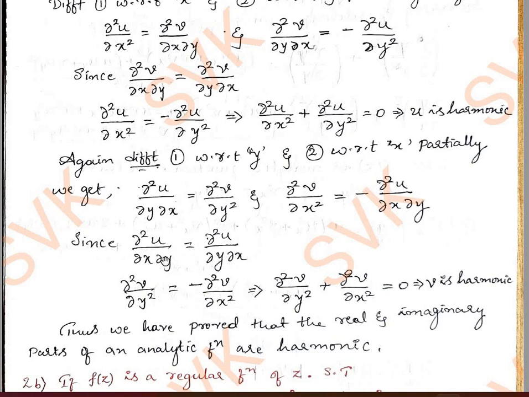Since the mixed partial derivatives are equal, we can equate that and we are going to get del square v by del y square plus del square v by del x square is equal to 0. So that is nothing but v is harmonic. Thus, we have proved that the real and imaginary parts of an analytic function are harmonic.